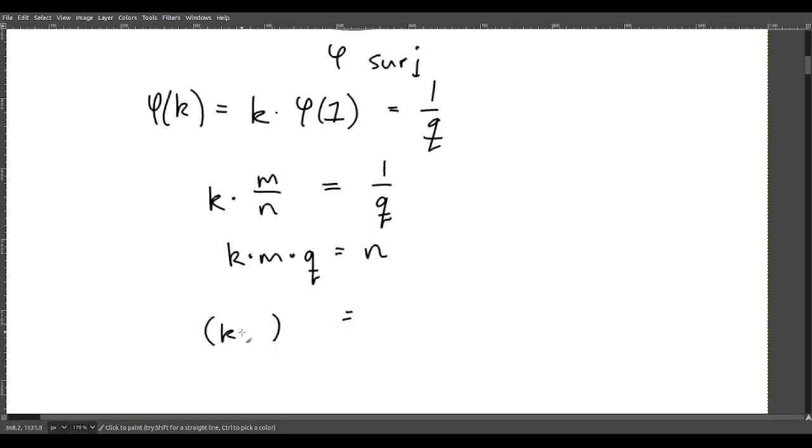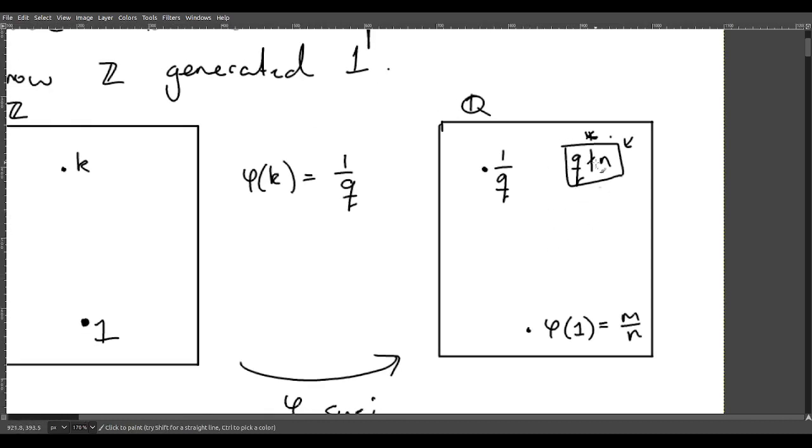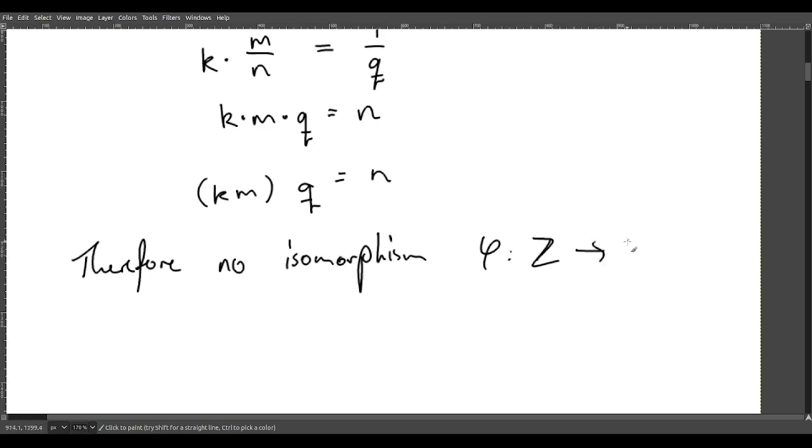We can group this: we have km times q is n. So q has divided n here, but by our choice, we have chosen q so that it doesn't. And therefore we have a contradiction. So therefore, no isomorphism phi from the integers to the rationals exists.